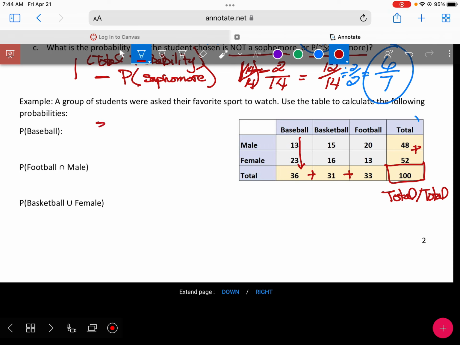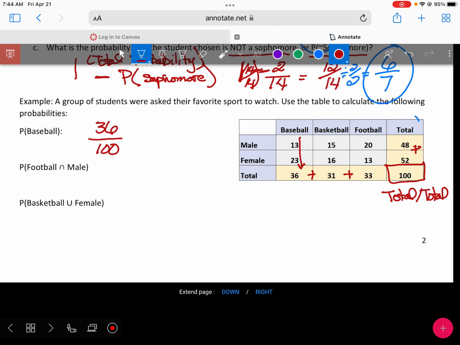So it's going to be 36 out of how many total were in this study? 100. So most of the time, you're going to put it over this number that's in the bottom right-hand corner, the total. Okay? Any questions on that first one? And we're not going to simplify it because we're using bigger numbers now. All right? I think I mentioned that yesterday.